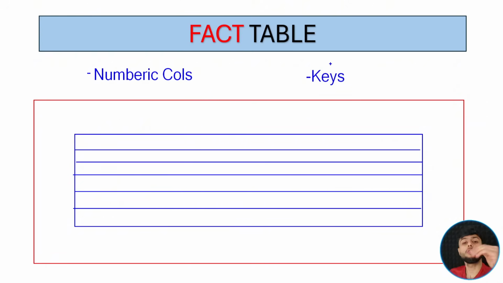Keys means your foreign keys that will help to connect your fact table with the small dimension tables. Just remember, in one data model, I'm just talking about one data model, not multiple ones, we will be having one fact table and multiple dimension tables around it. Make sense? Let me explain dimension, then it will make more sense.